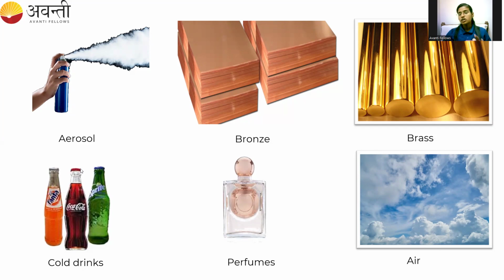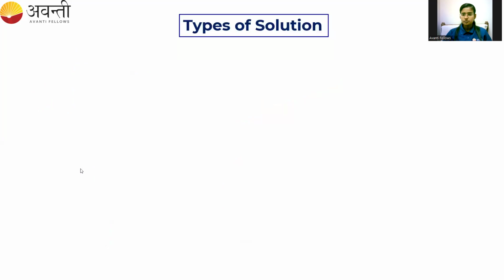Very good, Rohit. It is a mixture of two metals. Metals are actually solids, so they are an alloy mixture. That's also correct. One solid is mixed with another solid and it is also called a solution. So we do have different types of solution, and that's what we are going to see here.